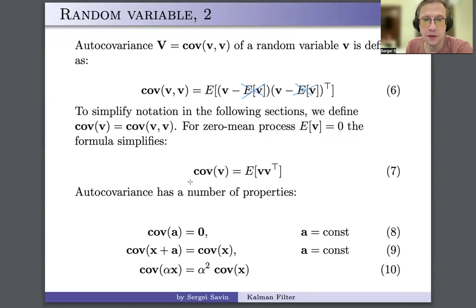And what you have is covariance, outer covariance of V is just a mean of outer product of V with itself. All right. So if V has zero mean, then you simply find outer product with itself and find mean over it. That's all.